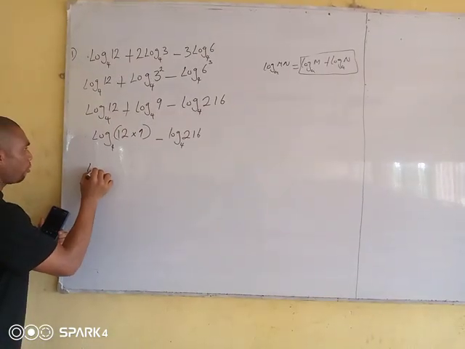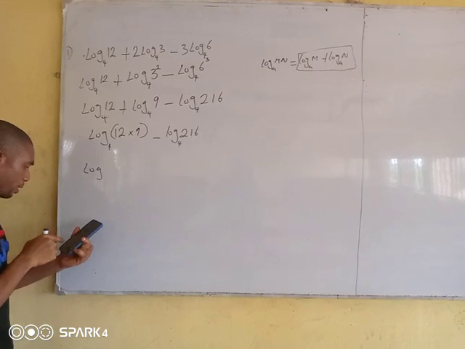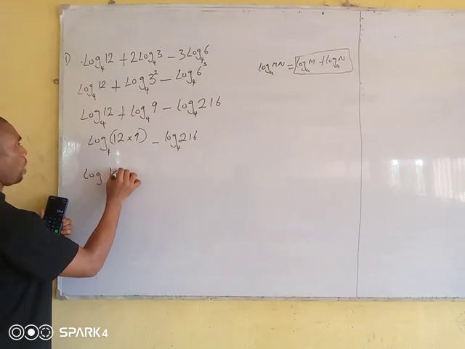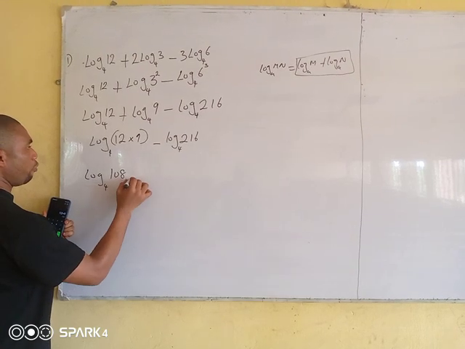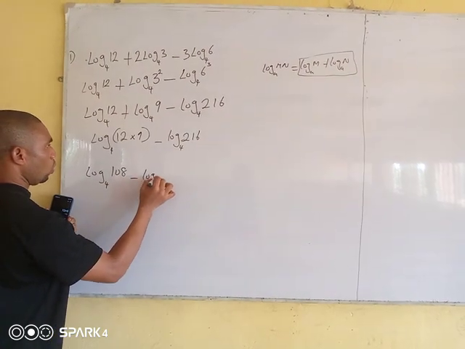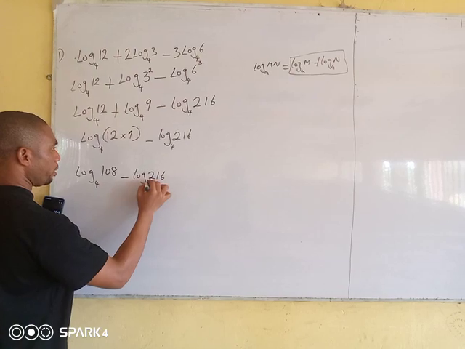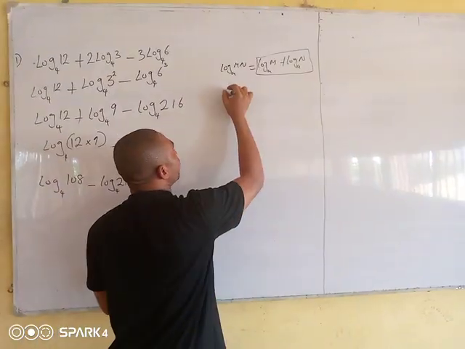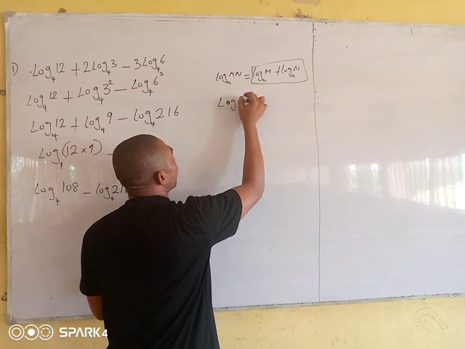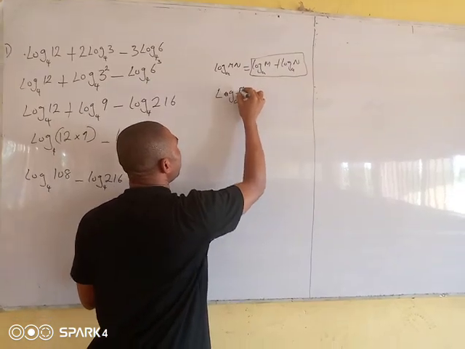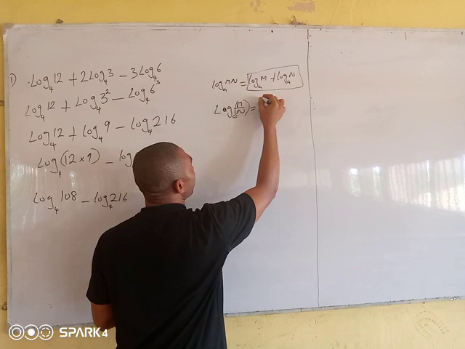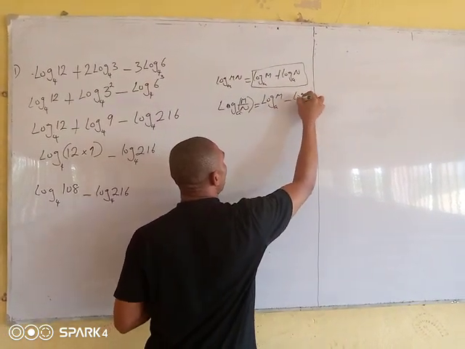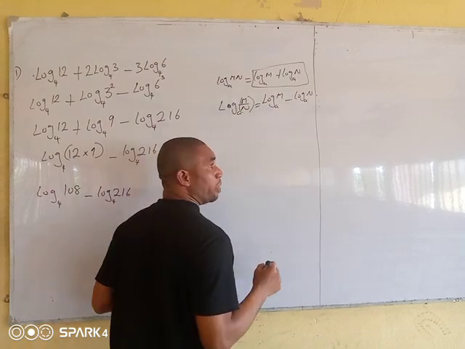Next, I'm going to have log 12 times 9, which is log 108 base 4, minus log 216 base 4. The same thing is happening here from your division law that says log m over n base a is the same as log m base a minus log n base a.